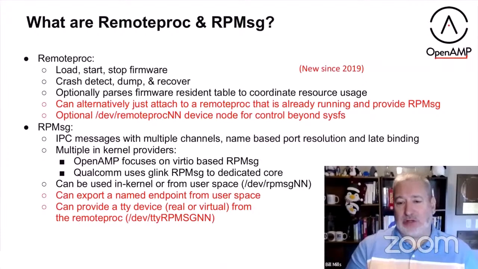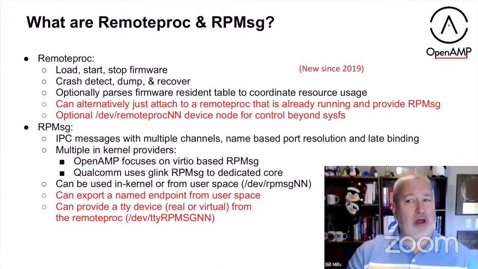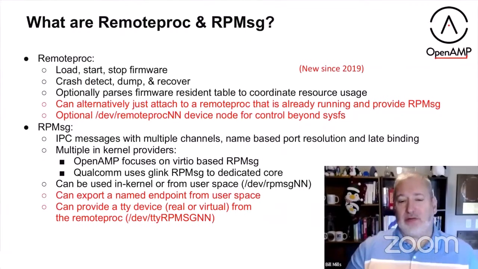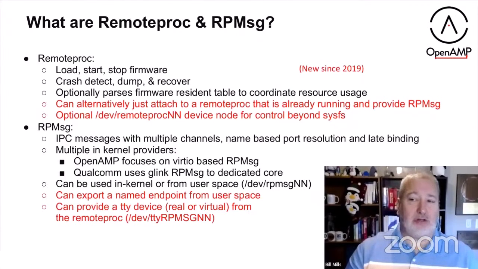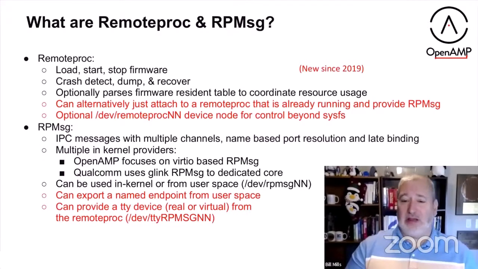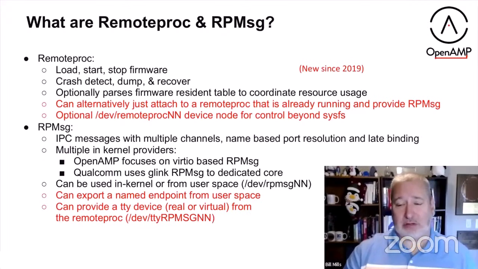A fairly new facility for Upstream is the capability to have the remote processor already running when the Linux kernel starts. In this way, Linux figures this out and starts up rpmsg to the remote processor, but doesn't necessarily control the remote processor.